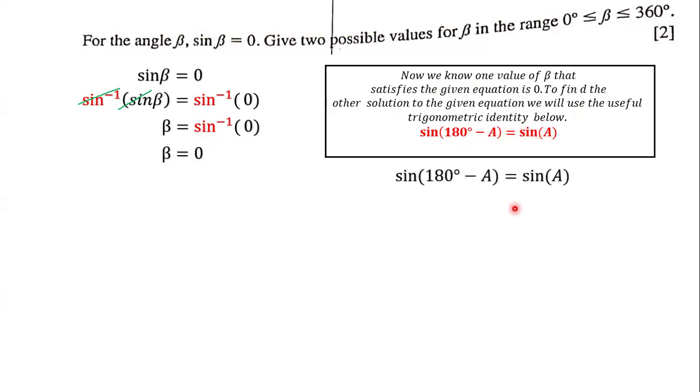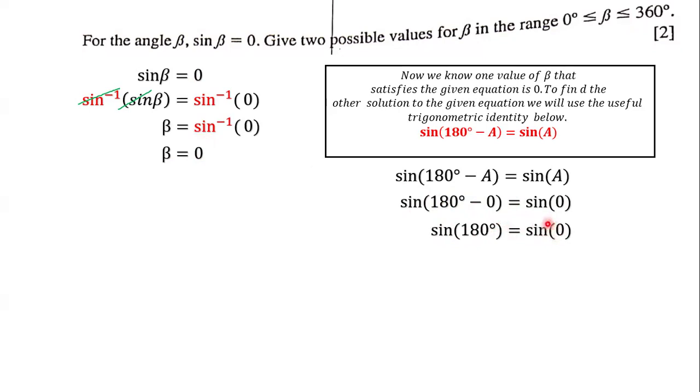And so in this case, we are going to use this trig identity. Now, what do we know? We're going to let a equal to 0 degrees, and that's our first possible value. And so that means that sine of 0 is equal to sine of 180 degrees minus 0, which means that sine of 180 degrees is equal to sine of 0.